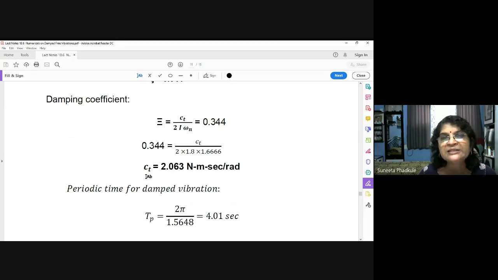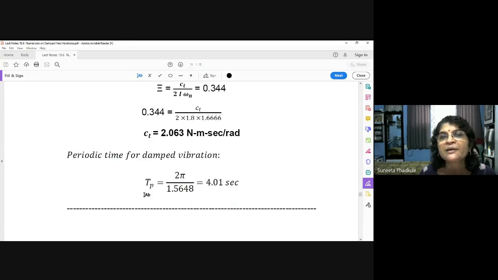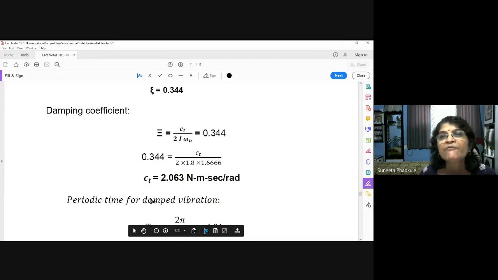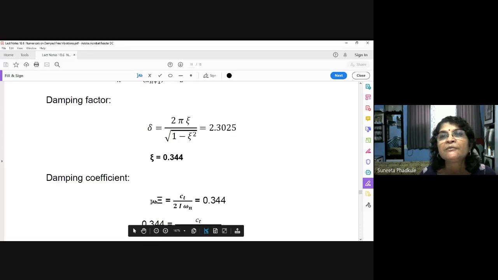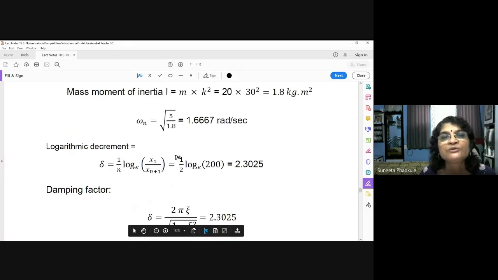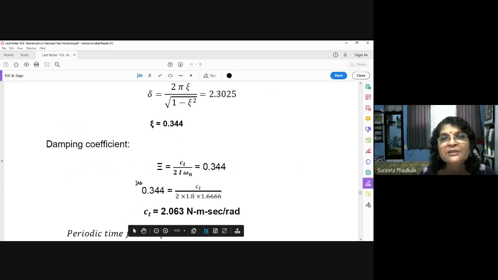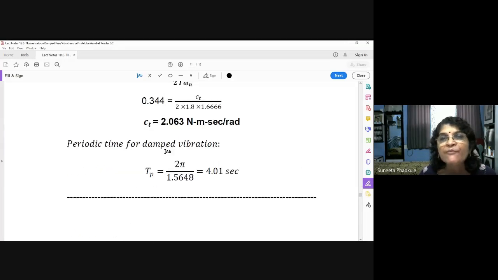Next you want to find out TP, time period, 2 pi upon what? Omega d. So what is omega d here? We have not found out omega d here, so I have directly taken 1.56. Here, for damped vibration, it should be 2 pi upon omega d.